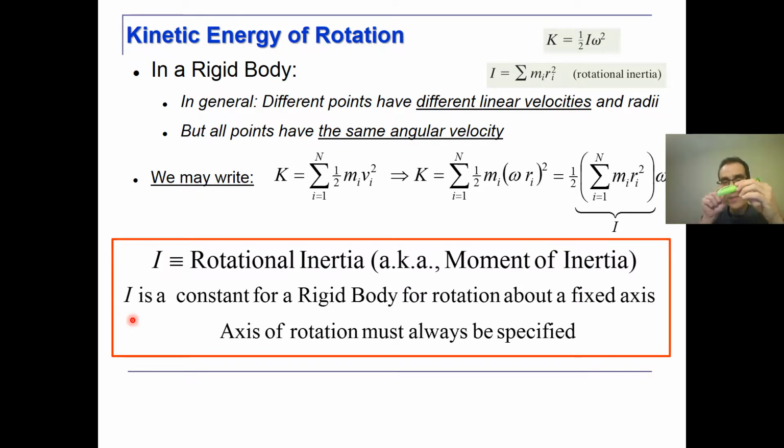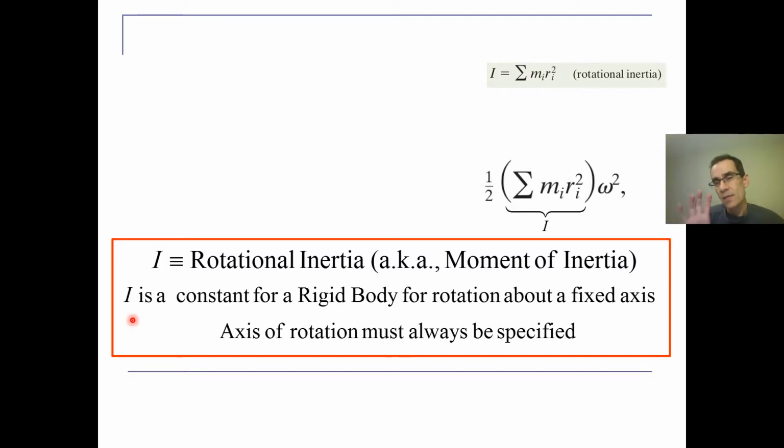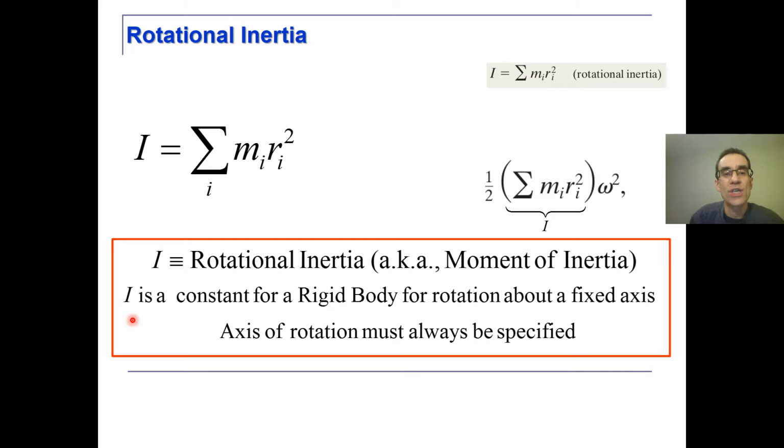Of course, you always have to specify which axis you're going to do the rotation about. The moment of inertia for rotation of this pen about this axis in the center is one number. If you want to rotate it about this axis, then it's a different number. We have to explore that. Very important number, the moment of inertia or the rotational inertia.